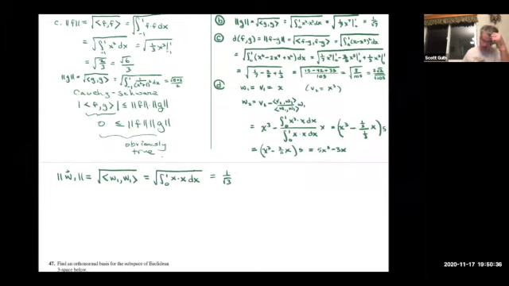Okay, we have to do the magnitude of W2 now. So the magnitude, this will be harder, of W2 is the square root of the inner product of W2 with itself.